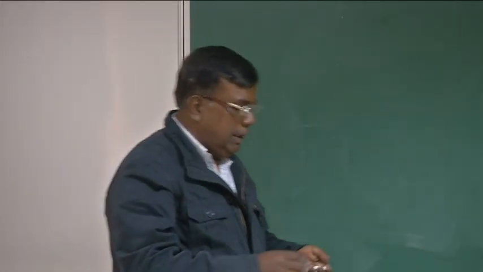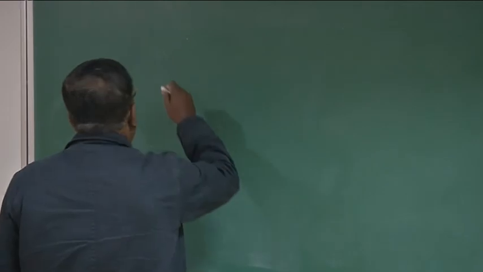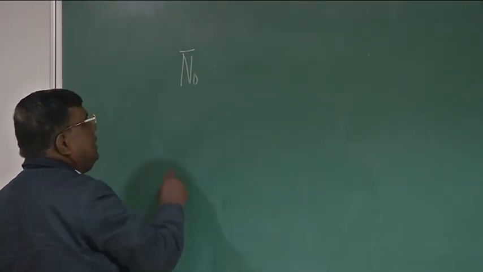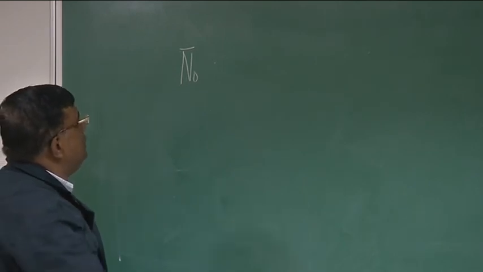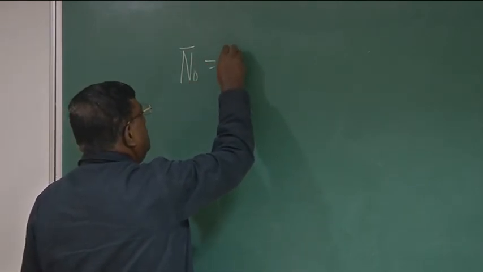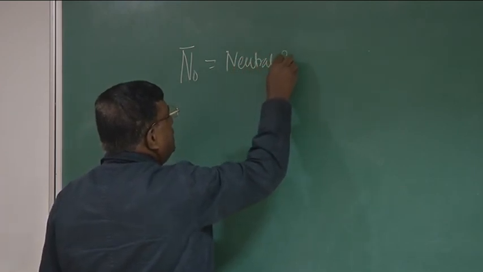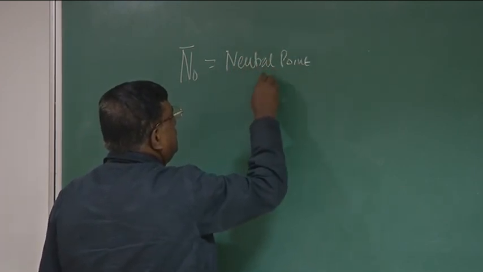Okay? Let us summarize what are the things we have learned. We now know the definition of N naught. Sometimes I have written it as x N naught. This is called neutral point, stick fixed.